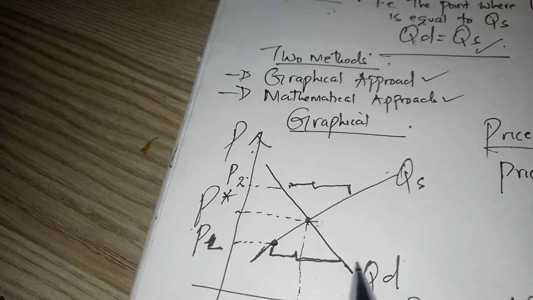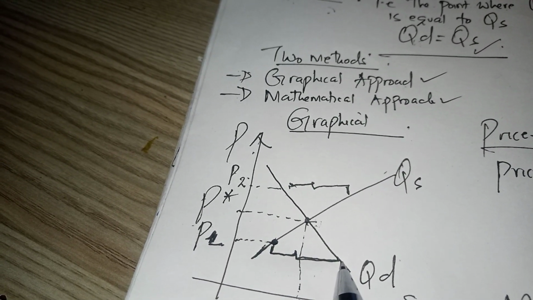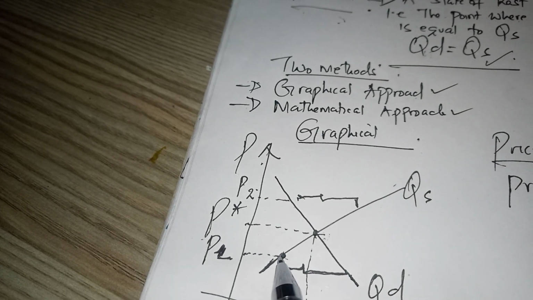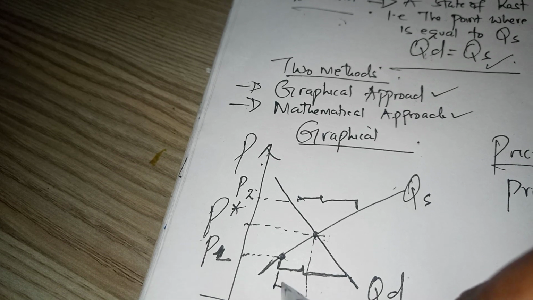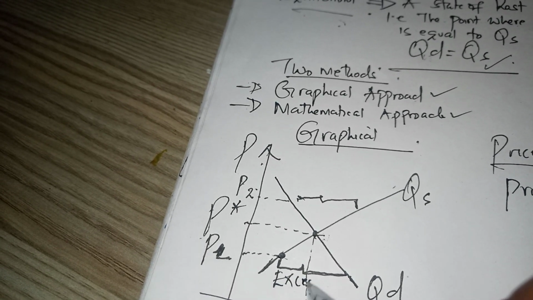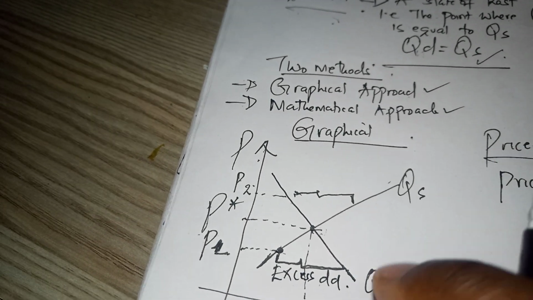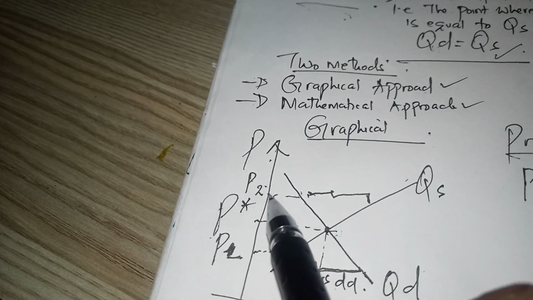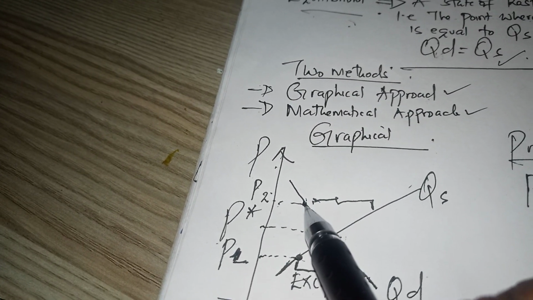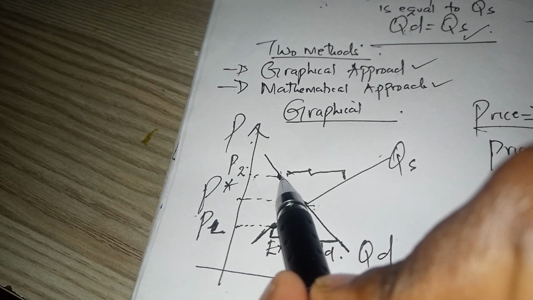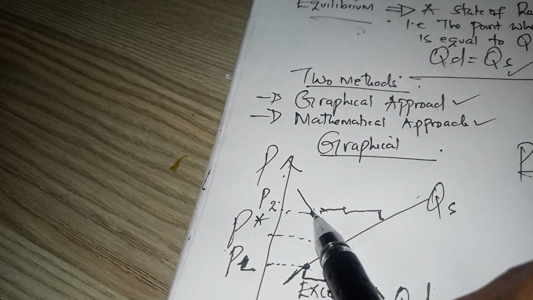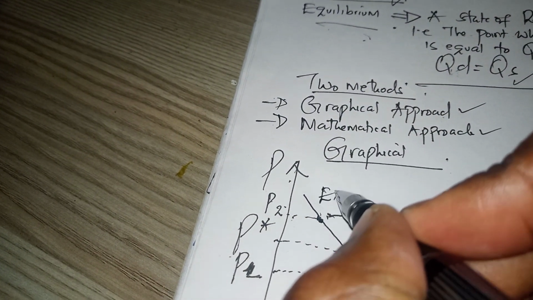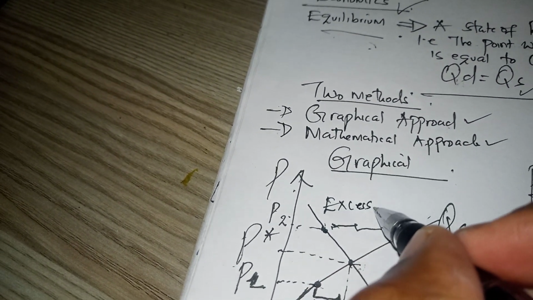That means the quantity demanded is more than the quantity supplied. So what we have is excess demand. Here the price first touches the quantity demanded curve, and so the quantity supplied is more than the quantity demanded. So what we have here is excess supply.